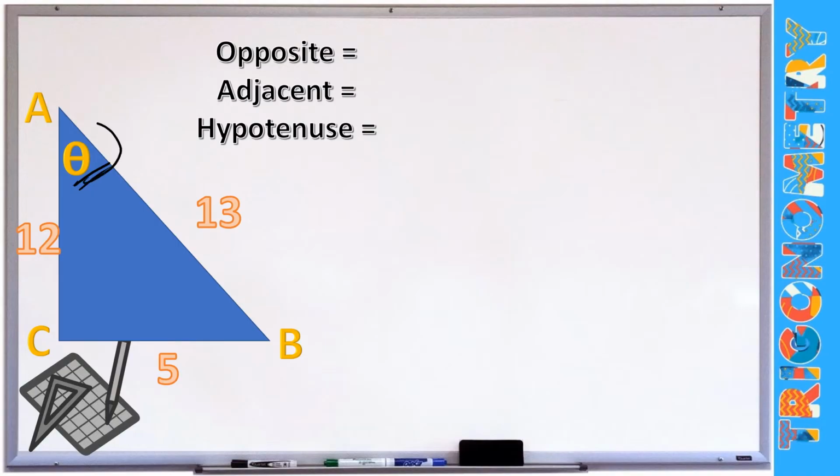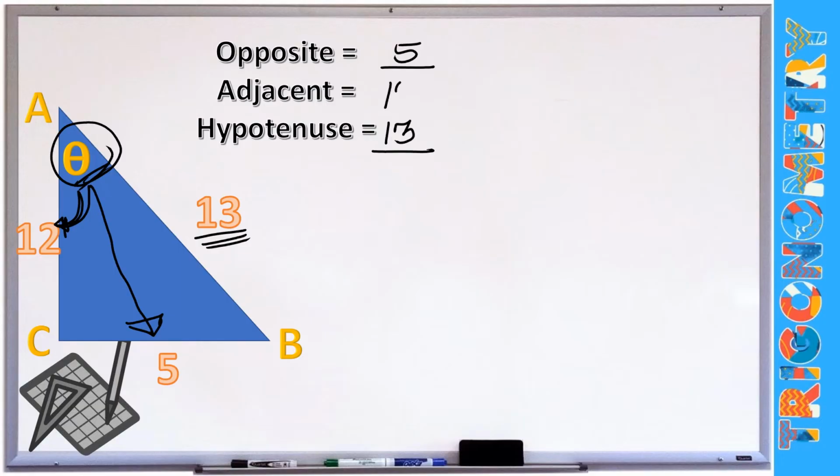Since this is our angle theta, we can see that this is already our hypotenuse, which is 13. And then the opposite, katapat po niya, which is 5. And the adjacent, beside your angle theta, we have your 12. So you have to identify first the opposite, the adjacent, and the hypotenuse on your given triangle.